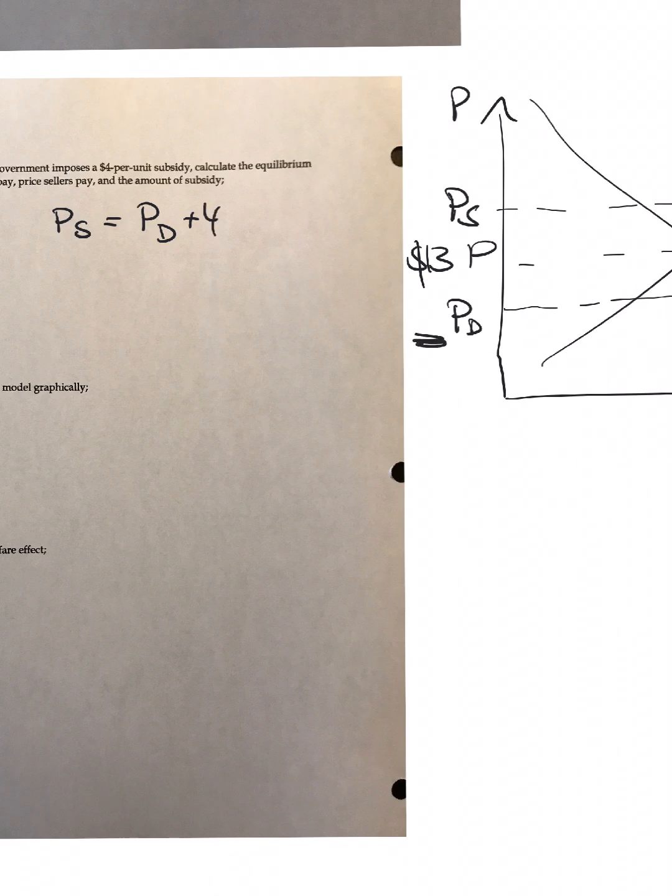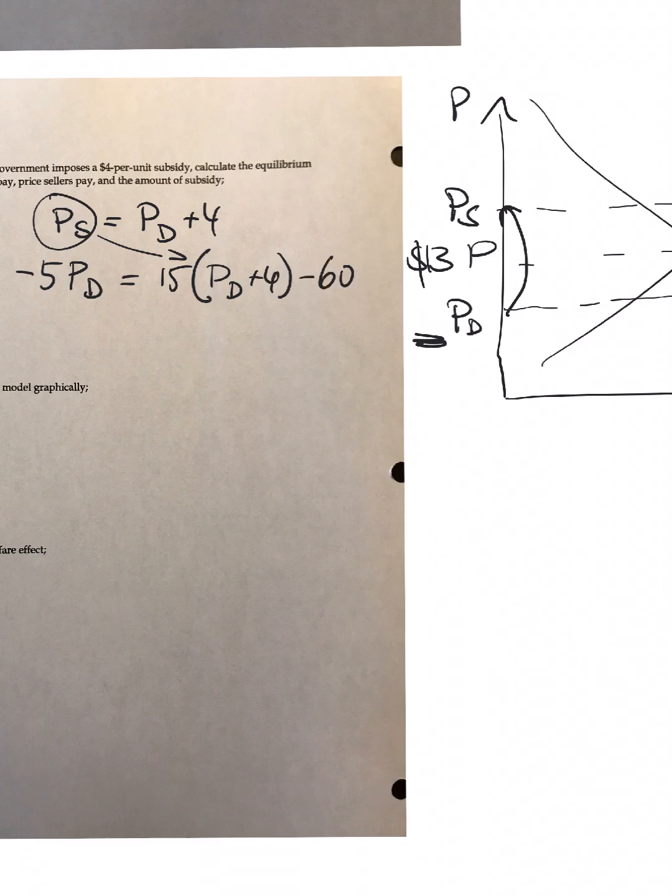Because this is the demand price, and now plus the $4, we get the supply price. So now I'm plugging in 200 minus 5 PD equals 15, and now we're going to plug in this PS to the supply curve. So price on the demand plus 4 minus 60.